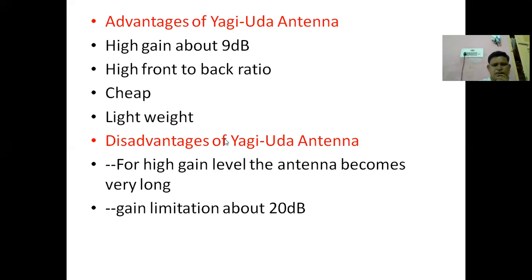If you want a higher gain, we can extend the gain up to 20 dB. But if you go for a 20 dB gain Yagi-Uda antenna, the lengths of the reflector element, driving element, and director elements become very long. That is the main disadvantage.